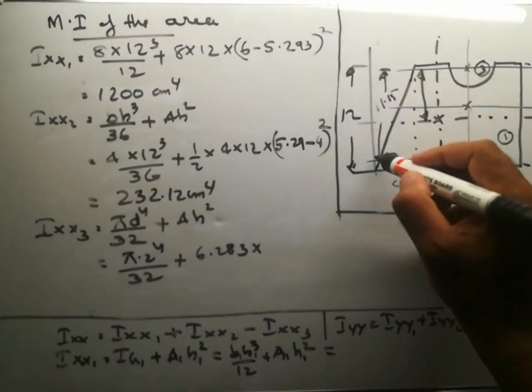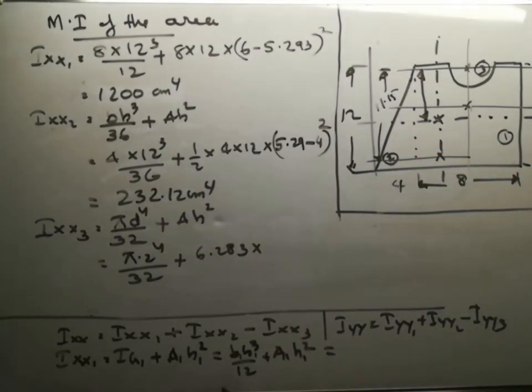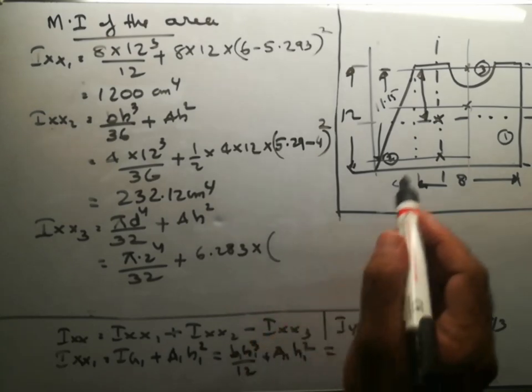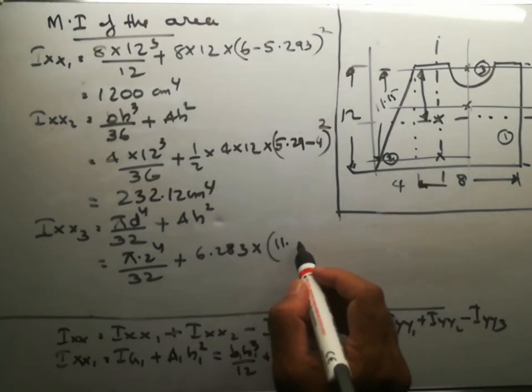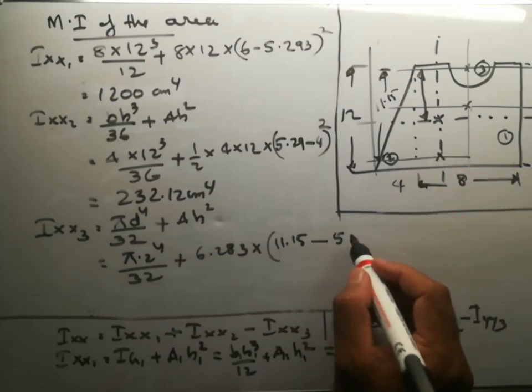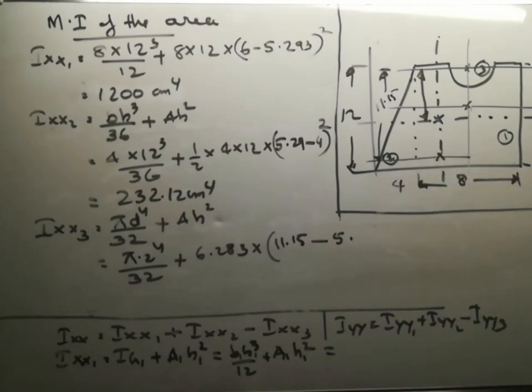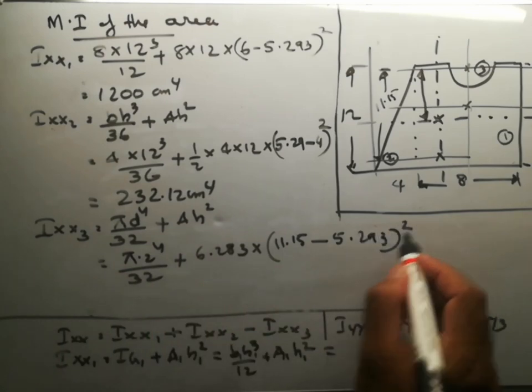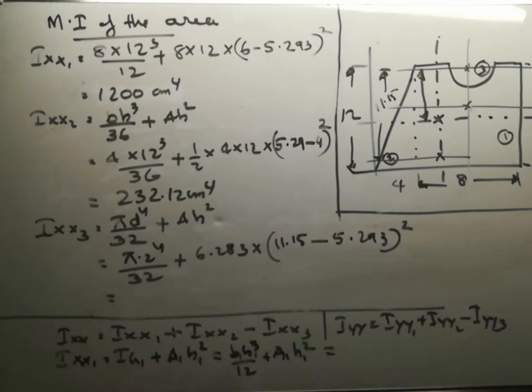So it is equal to 6.283 into 11.15 minus y bar, which is 5.29, squared.